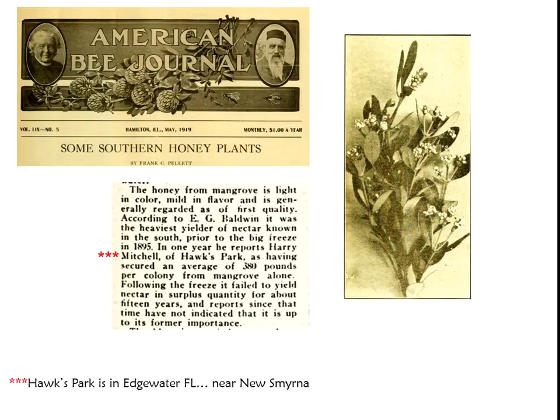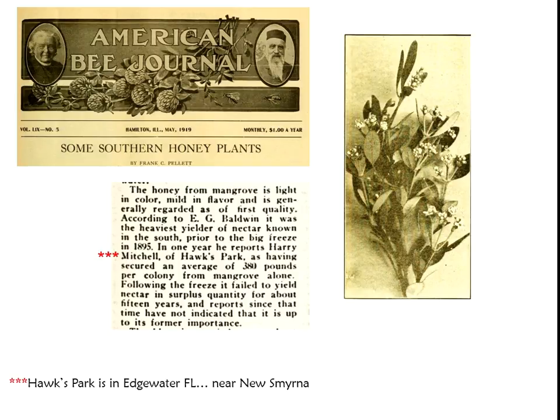There was an industry that has gone away, and I don't think it's ever going to come back. But in the late 1800s, people were keeping bees in the area around Oak Hill and New Smyrna, and it turned out that black mangrove was the most productive honey plant out there.